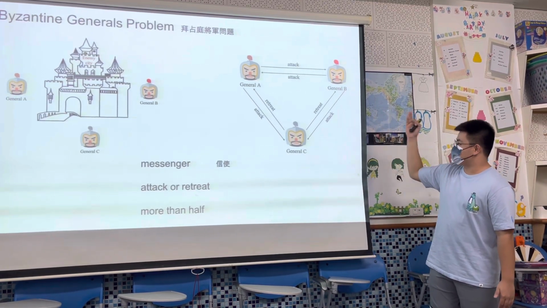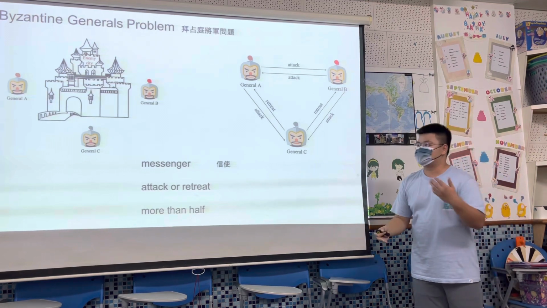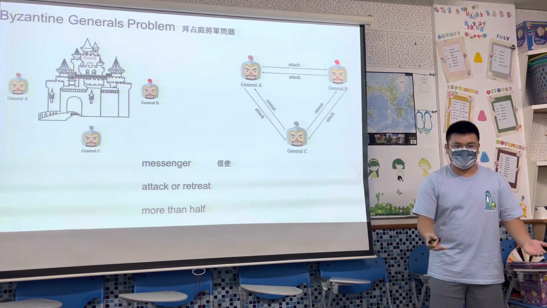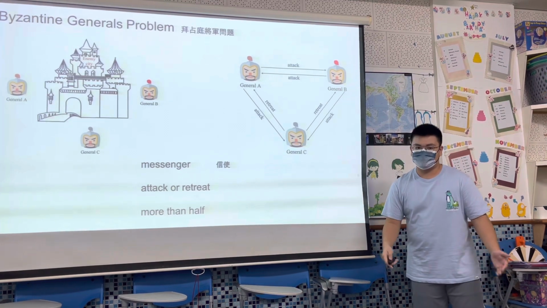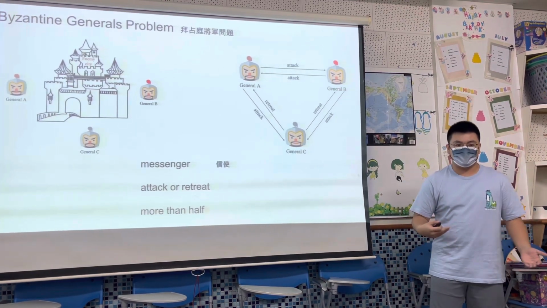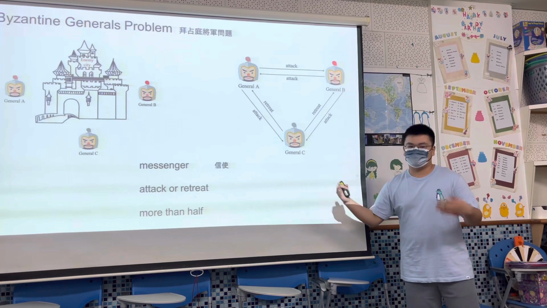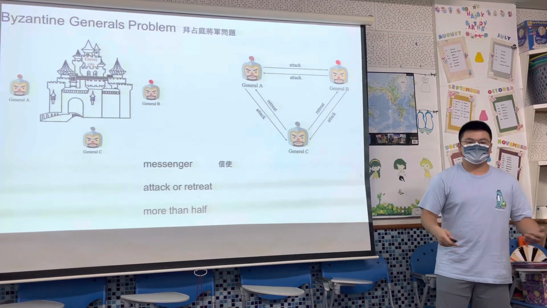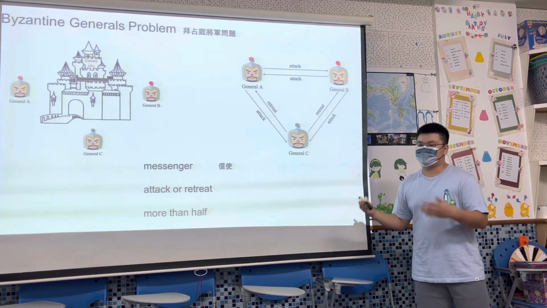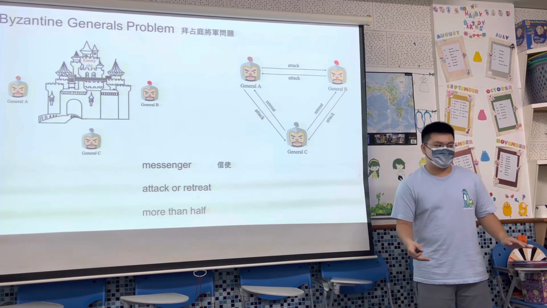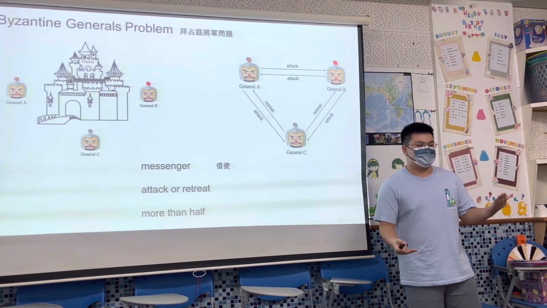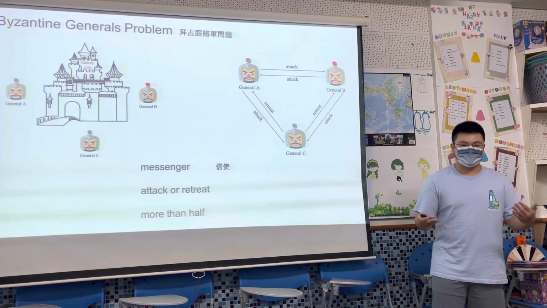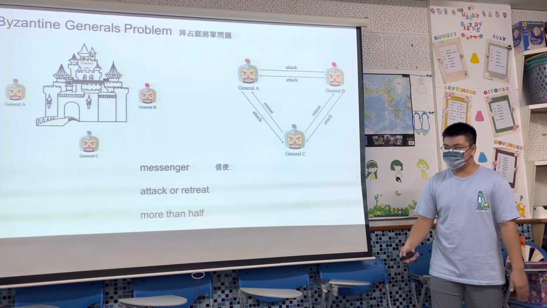General A and General B choose to attack the enemy's city, but General C wants to retreat. However, according to what I said, more than half want to attack the enemy, so they will attack the enemy together. And don't forget, they will only retreat or attack the enemy successfully when they do the same thing together.